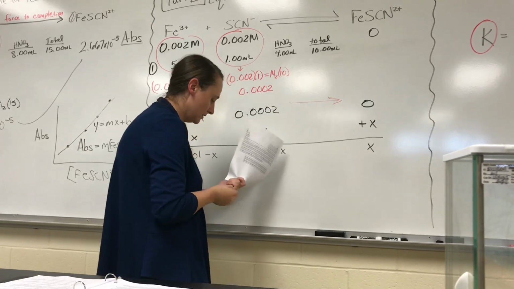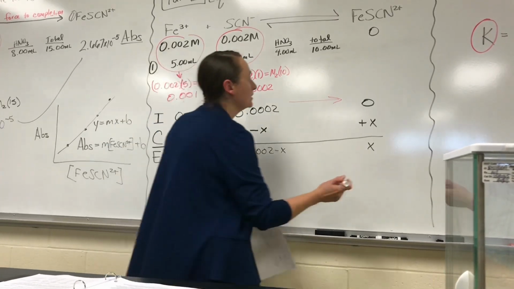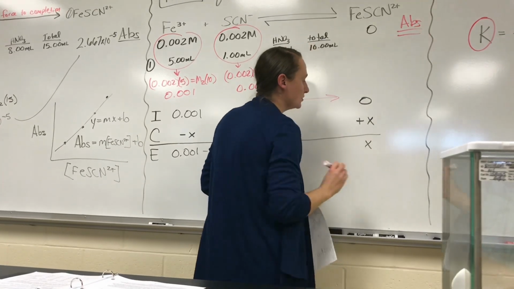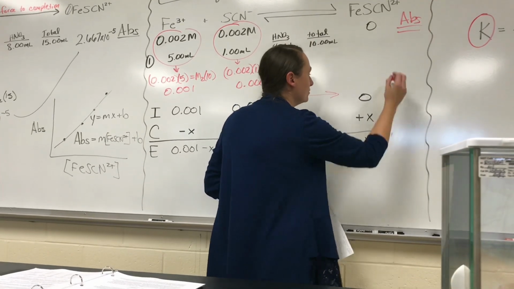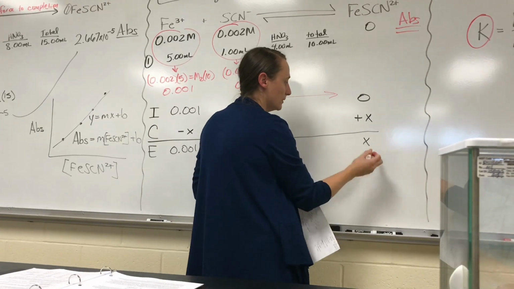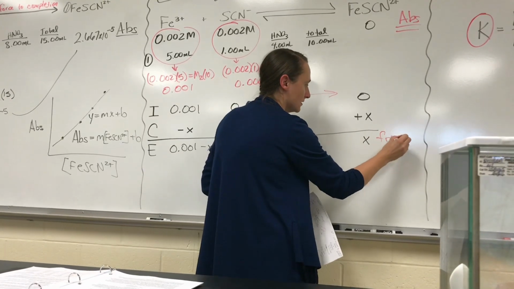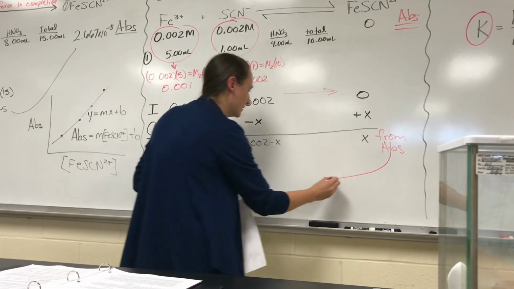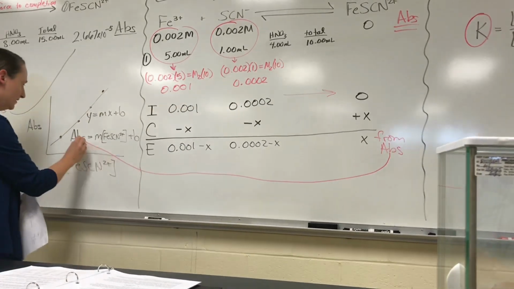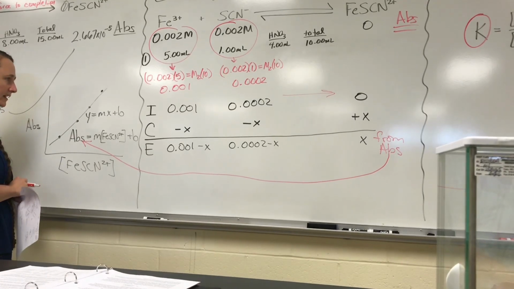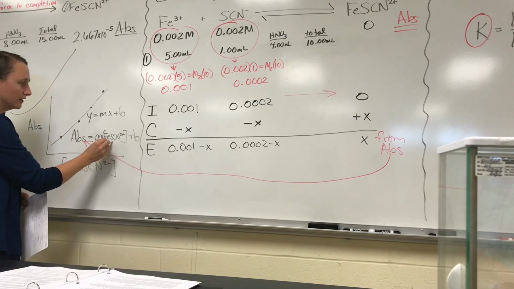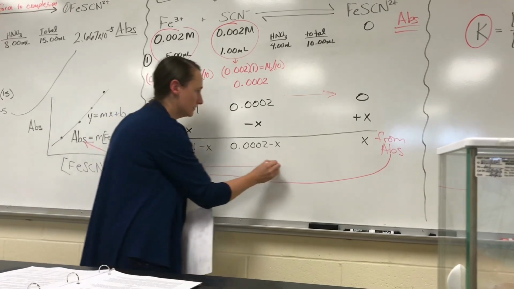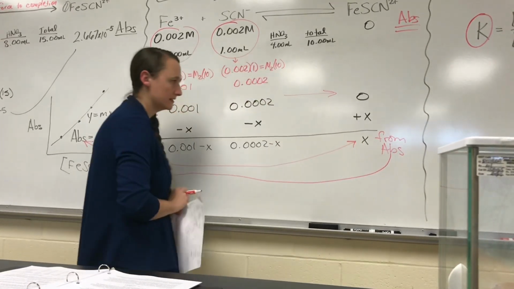So here is where the experiment comes in. You are going to measure the absorbance of the final solution. And you're going to use that absorbance to determine this concentration. All right, so you can take the absorbance, plug it in, solve for your iron thiocyanate concentration, and that is your x.